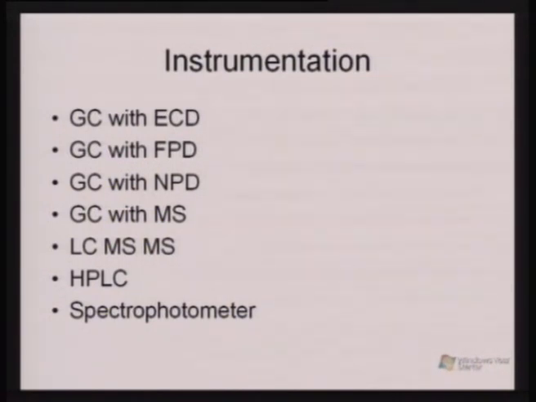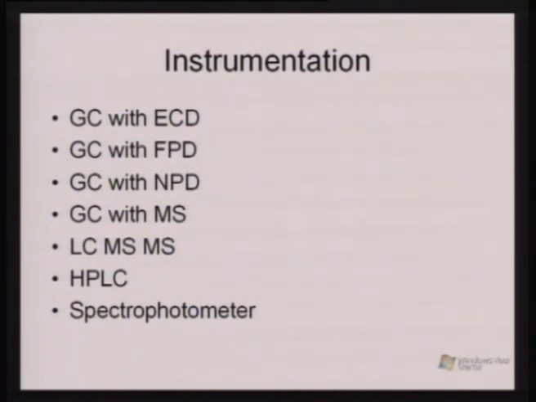Then there is GC-MS, gas chromatograph with MS detector. This is also a very good instrument required for the analysis of residual pesticides in food products. Here we confirm the presence of pesticide based on the mass of a particular analyte. Then LC-MS technology can also be used for residual pesticide analysis, and there is HPLC.